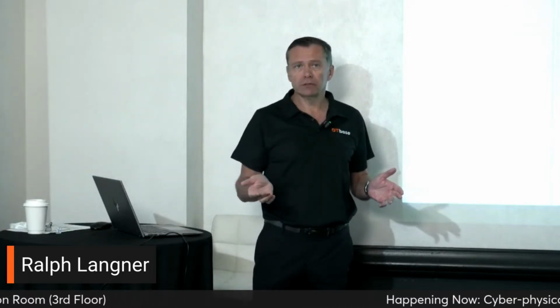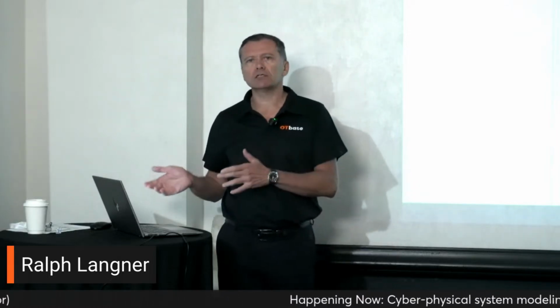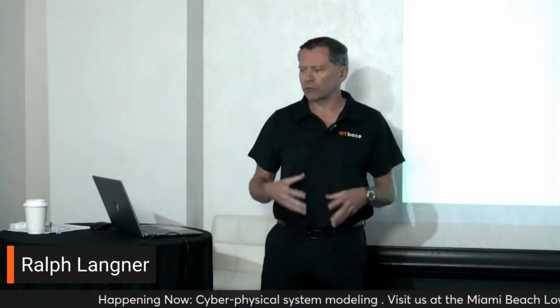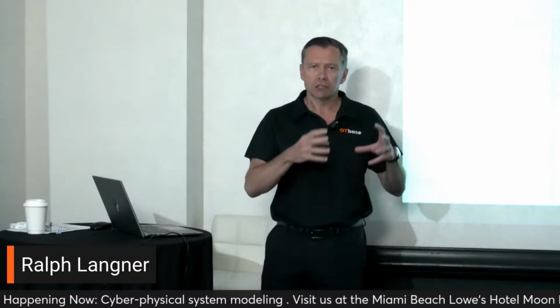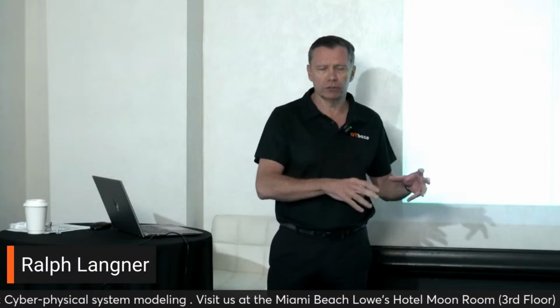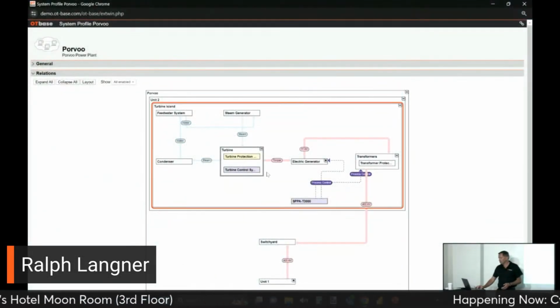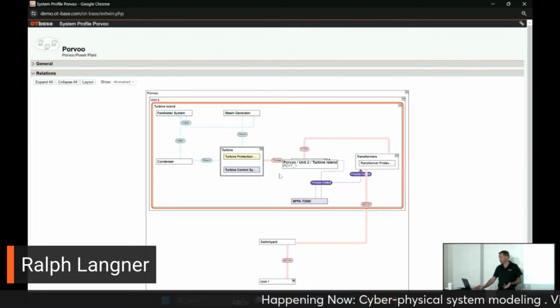How do you determine that? Just by doing such a cyber-physical dependency analysis. This allows you to actually identify critical system components. And this is what you can now do in OTbase interactively. You can just generate those diagrams. All of those dependencies here are fully customizable.